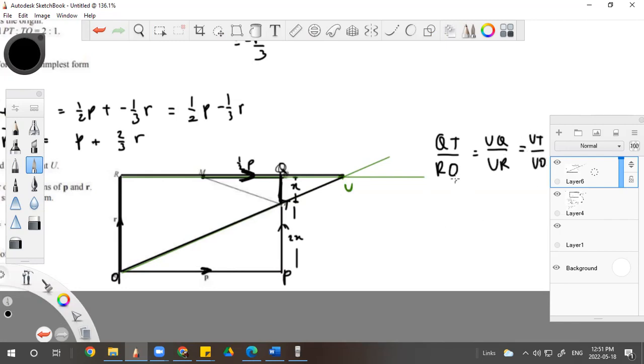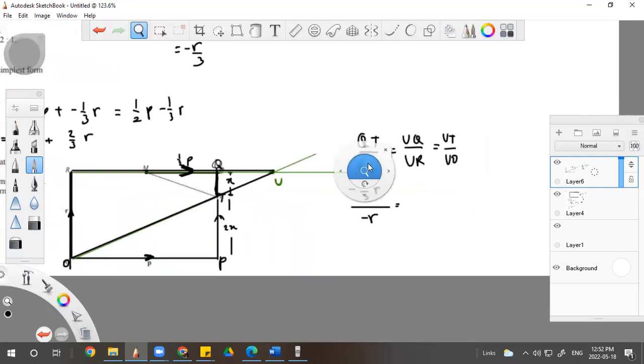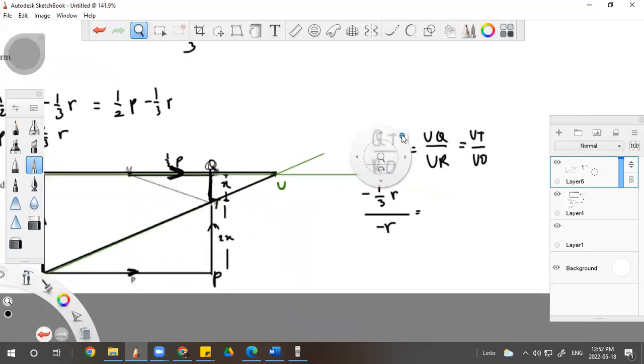QT udah ada, ya. QT itu tadi negative 1/3R, right? RO berapa? RO itu R, negative R, right? Penting ya dia punya arrow negatif-negatifnya, soalnya dia vector. UR berapa? UQ berapa? Nggak tahu yang kita mau cari kan.